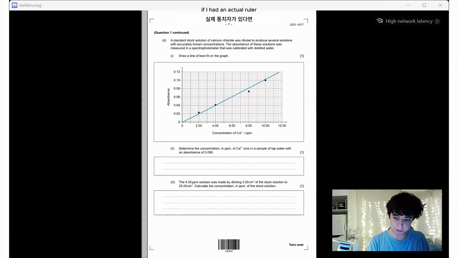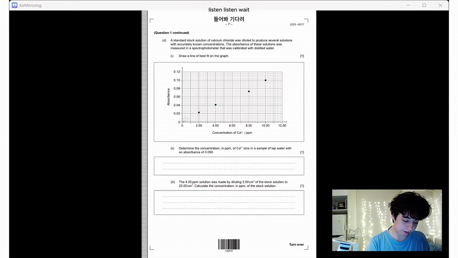If I had an actual ruler, I would have gone across the whole thing, but I don't have an actual ruler. Oh, there's a ruler function on GoodNotes. Hold up. Wait. Okay. How do I do this?